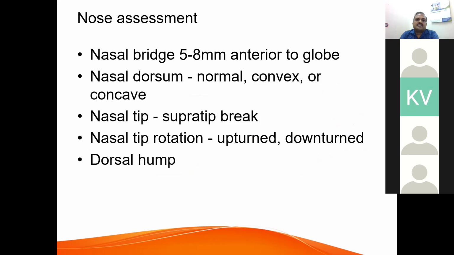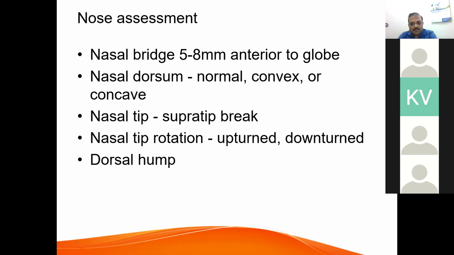The nasal bridge is approximately 5 to 8 millimeters anterior to the globe, and the dorsum of the nose can be normal, convex, or concave. The nasal tip has to be assessed for any supra-tip break and for any rotation, either a downturned or an upturned nasal tip, or the presence of a dorsal hump.